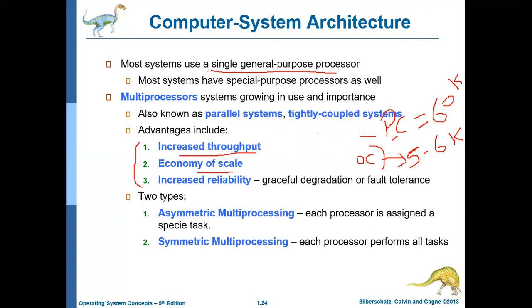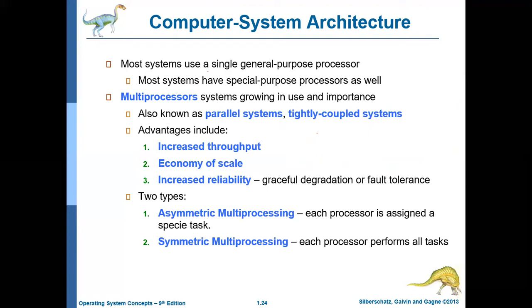The third advantage is increased reliability. What does increased reliability mean? We are discussing multiprocessor systems. A typical multiprocessor computer will have more than one processor. So even if one of the processors fails, say assume the computer has three processors, the job will not be stopped. The operating system will just divide the job among the remaining two processors, and the job will still continue.